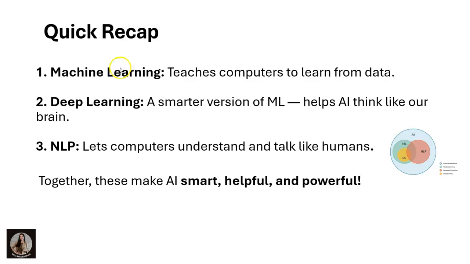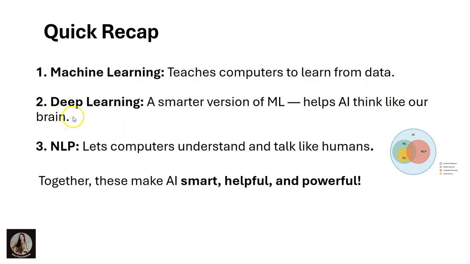Let us see a quick recap of what we have learned today. Machine learning teaches the computer to learn from data. From the past given data, it will understand, process and work on the data. Deep learning means a smarter version of machine learning. It helps AI to think like our brain.